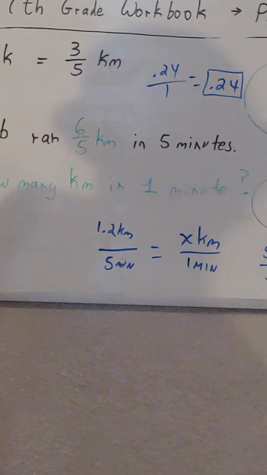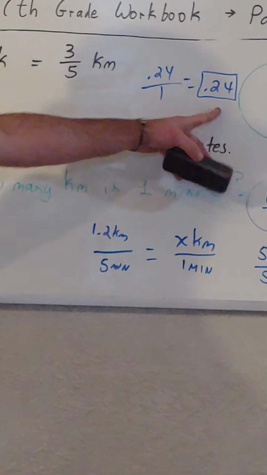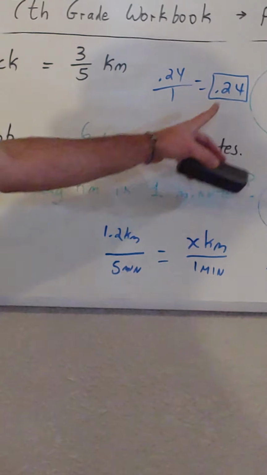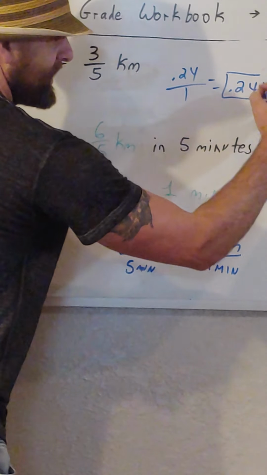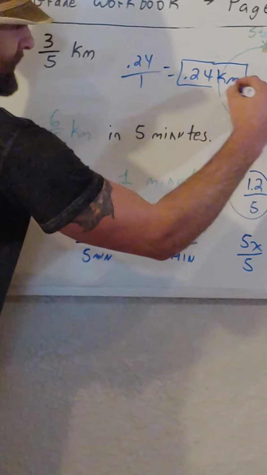So in 1 minute, Bob is traveling 0.24, and I should have labeled that kilometers.